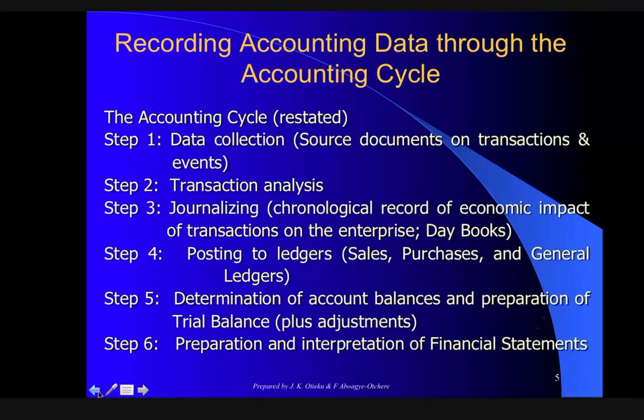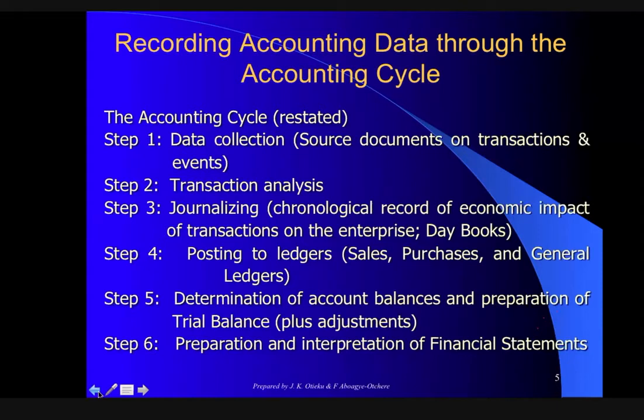You get invoices, you get all these things, so that when they ask you, how much did you buy the thing? Oh, I bought it for this. Okay, where is your evidence? Then you show your evidence, right? So at the data collection stage, it's that evidence you are still collecting. When someone buys from you, you write it down, you give the person a receipt and all those things. Then now we'll analyze all the things that have happened, right?